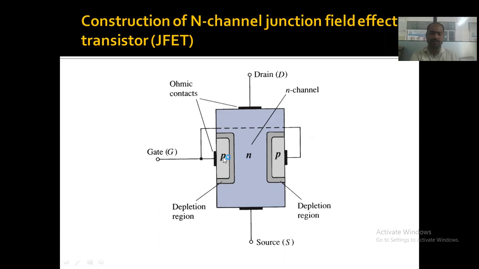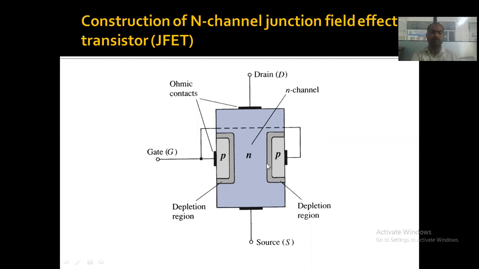That is why, in between p and n, there is formation of the depletion layer. The same thing happens across here, because it is also a p-n junction diode. The same thing that happens here also happens across here, with respect to this p-n layer also.